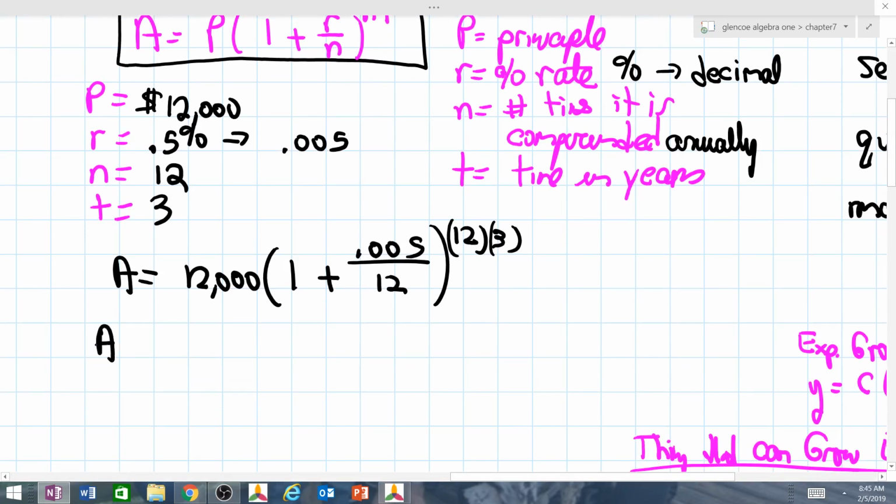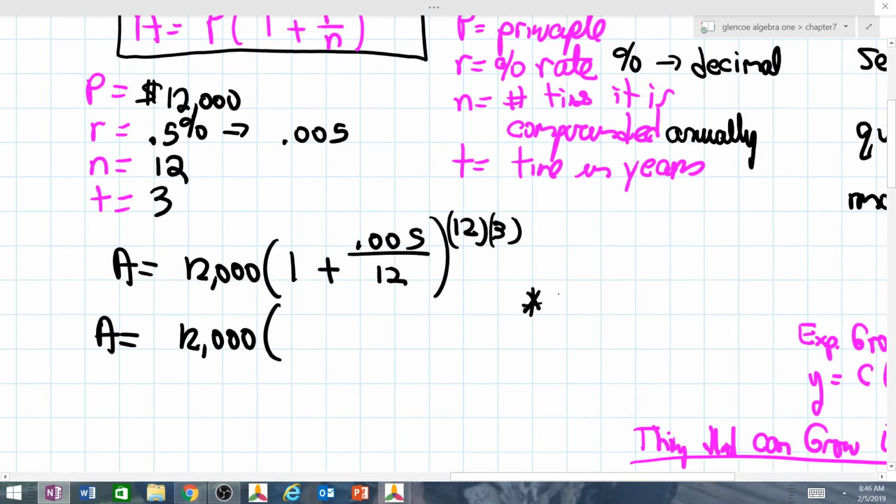So let's give you what you're going to do first. You're going to do order of operations, which is 0.005 divided by 12. Did everybody get that? Divide 0.005 by 12.